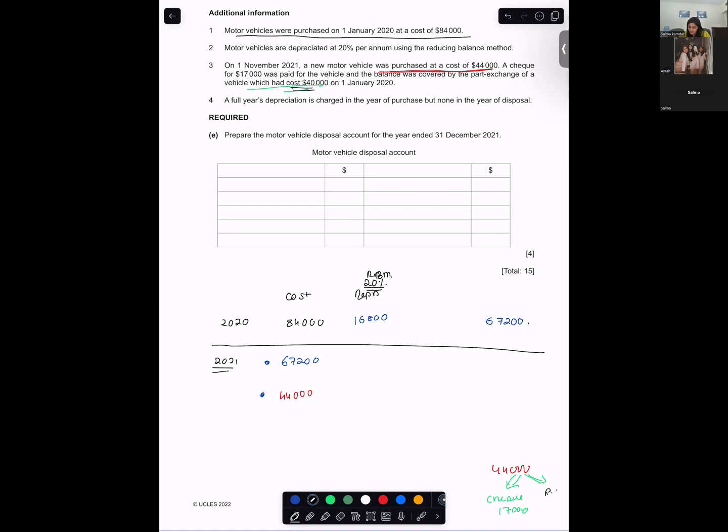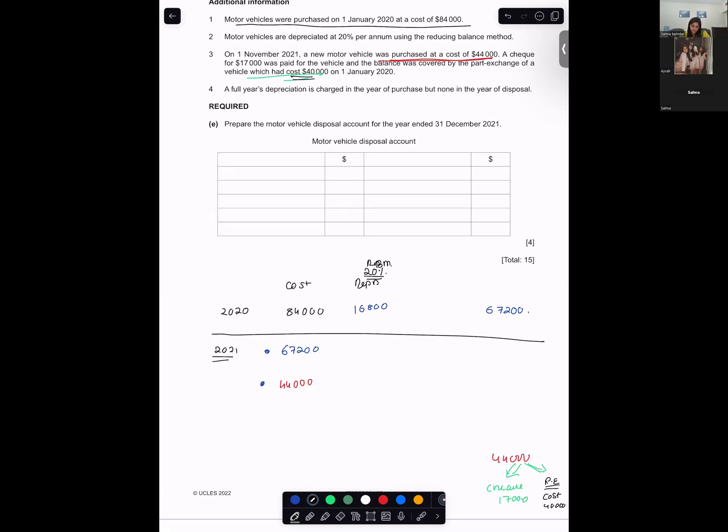That means there is a part exchange of a vehicle whose cost was 40,000. What is the other meaning of this? That the selling price of the vehicle is going to be 44,000 minus 17,000. This means that you have disposed of a vehicle whose cost is how much? 40,000. What is the written down value of that vehicle?